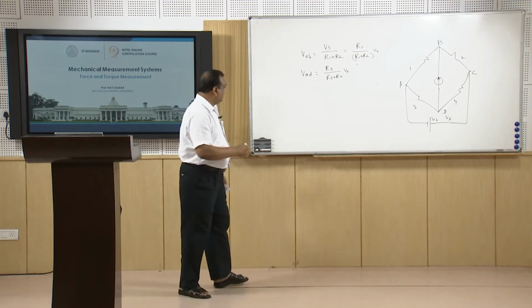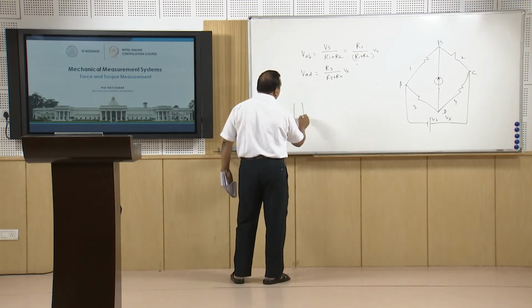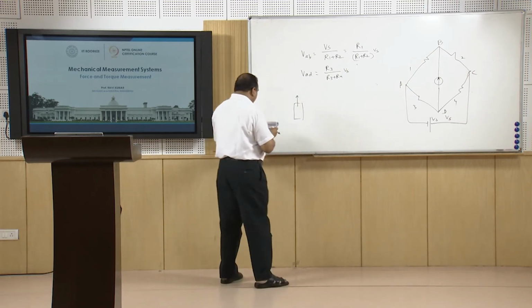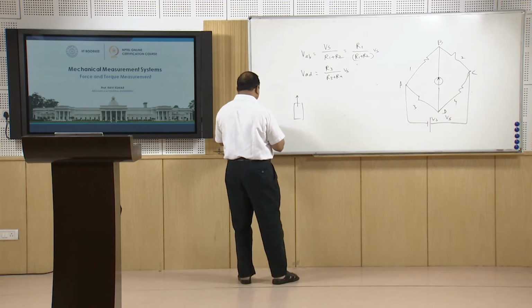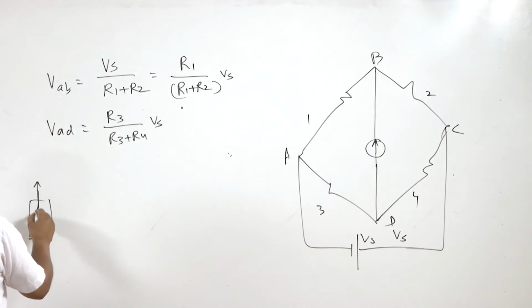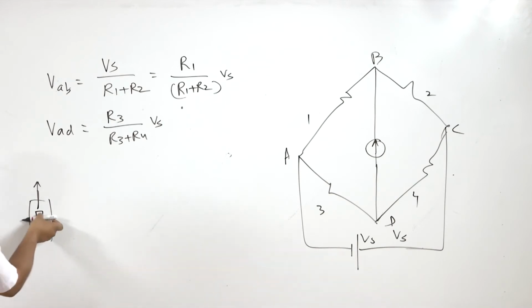If there is a tensile force on the load cell, then for the strain gauges along the axis, the resistance will increase, and for those perpendicular to the axis, the resistance will decrease, right?